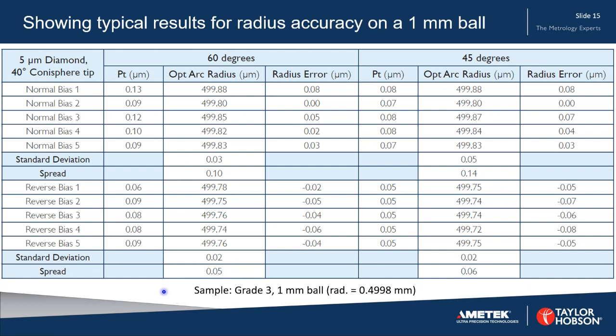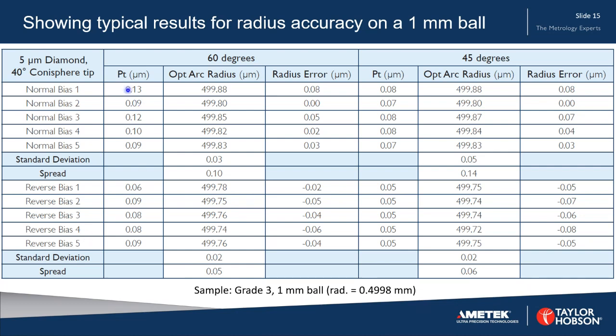So how do we know that those results are good? One way is to measure a ball of known radius, and that's what we've done here. The radius of this ball is known to be 0.4998 millimeters. And it's a calibrated reference ball. And what we've done here is we've done 5 sets of measurements in what we call normal mode, that's measuring downwards, and in reverse bias mode, that's measuring in the upwards direction.